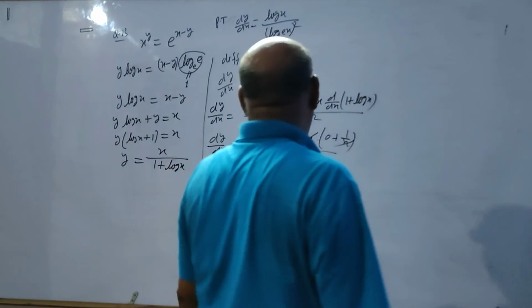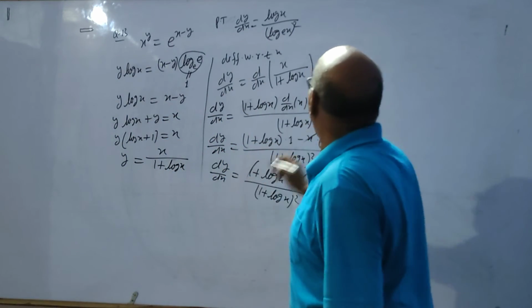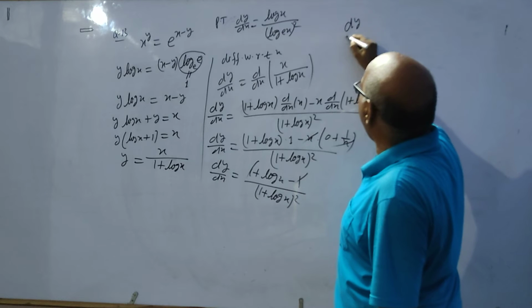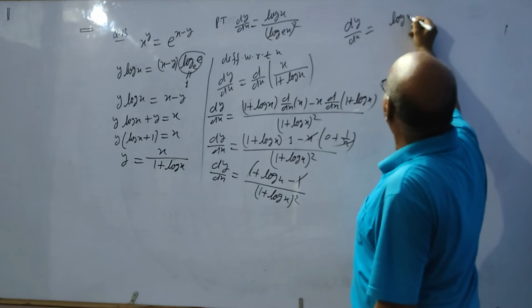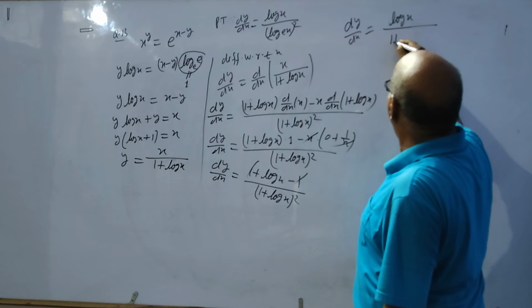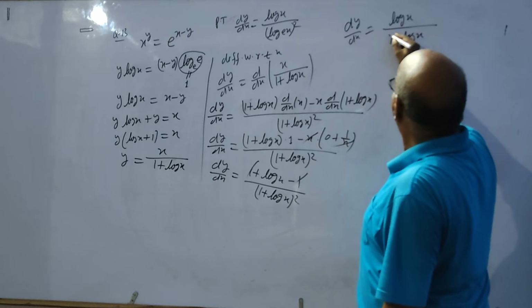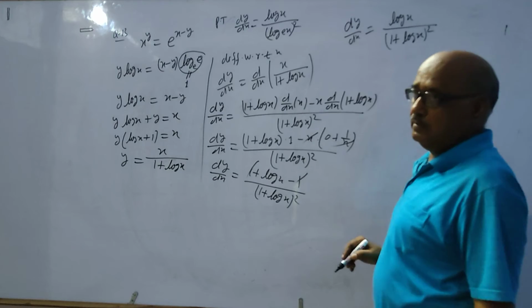Now minus 1 is cancelled out by plus 1, so finally you have got dy over dx equal to log x upon 1 plus log x whole square.